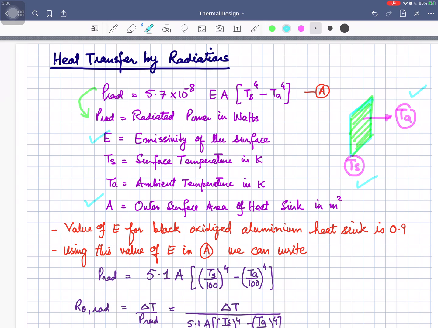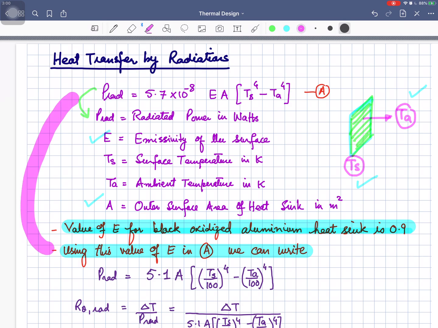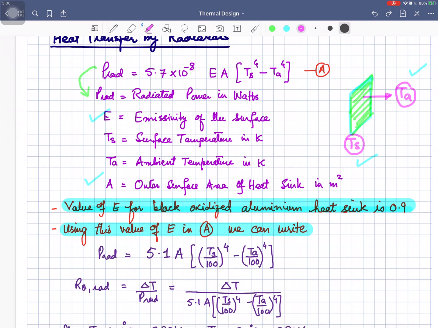The value of E for the black oxidized aluminum heat sink is 0.9. So if I use this value of E in equation A, we can write this equation like this as shown in equation B. So radiated power can be expressed with the help of this equation.